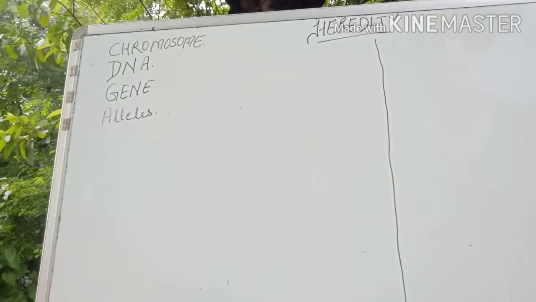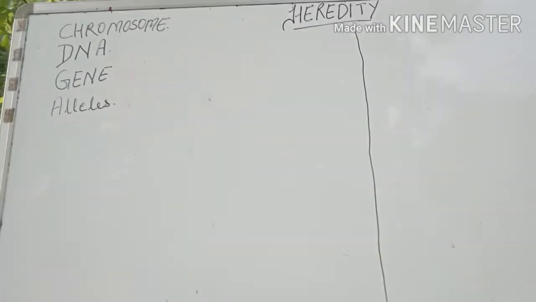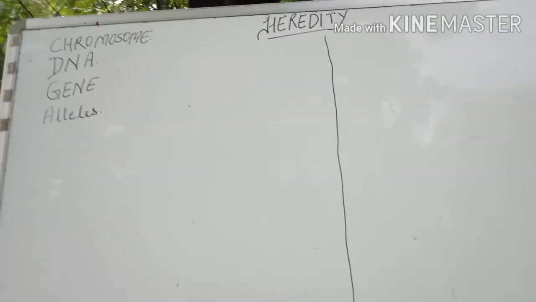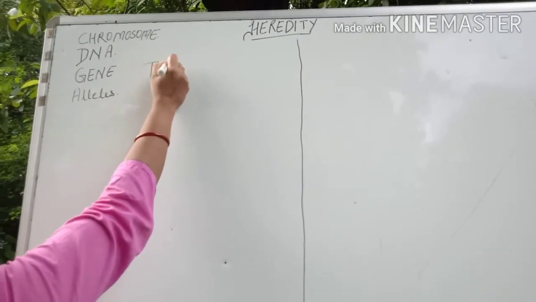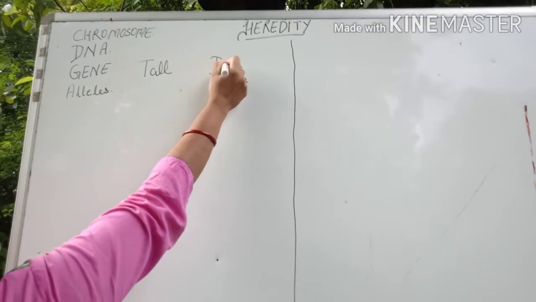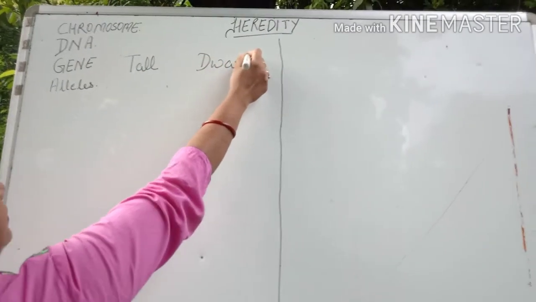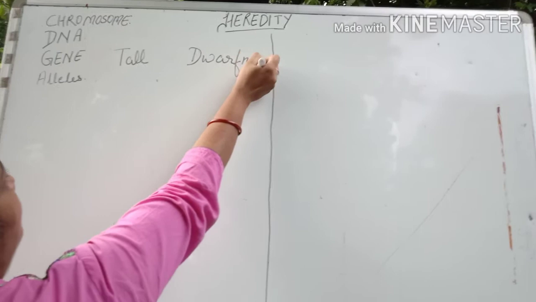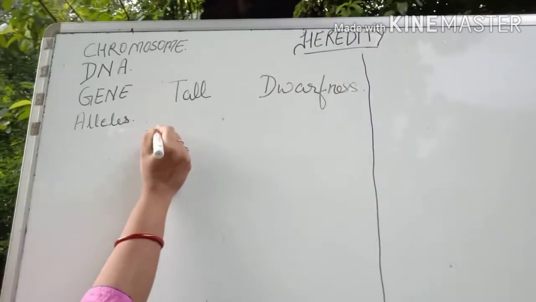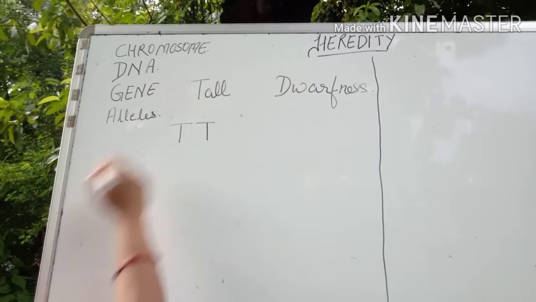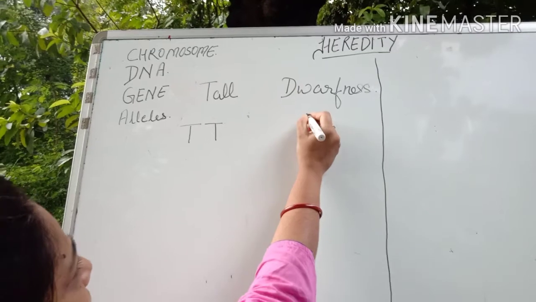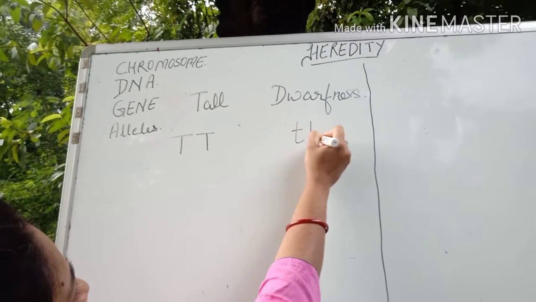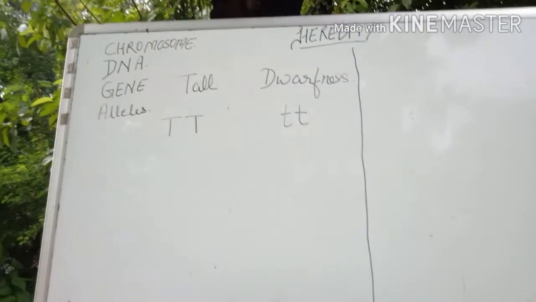Now when talking about the characters Mendel has taken and how he has done it, there was a character taken by him, tallness and dwarfness. So this tallness was denoted by capital T. Here both I am taking the capital T, and dwarfness was denoted by small t. So here both small t.